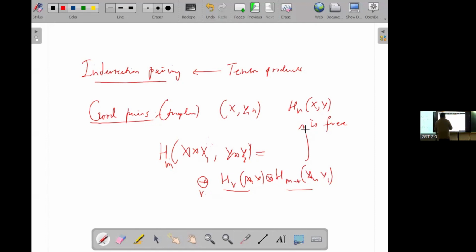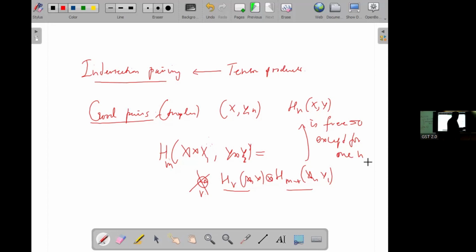And in fact, what one would ideally want is not to have this direct sum also. You would like to have only one such triple. So you want to look at pairs (X, Y) such that not only is it free, it is 0 except for one n. So that anytime you try to write such a product, on this side there's only one term.